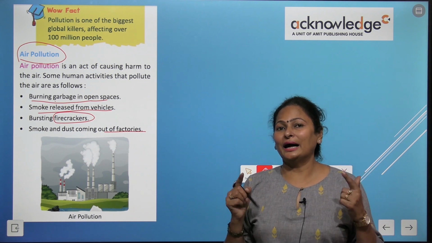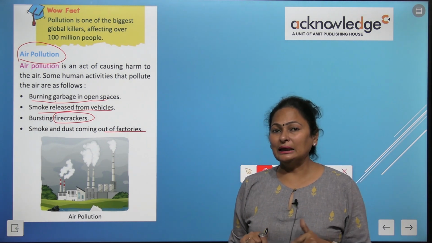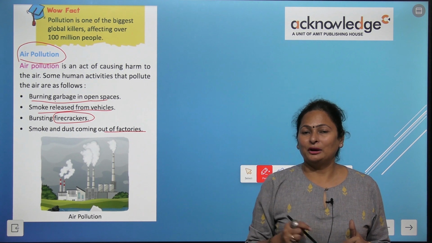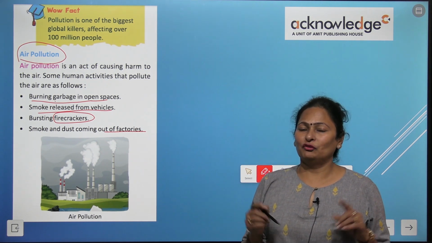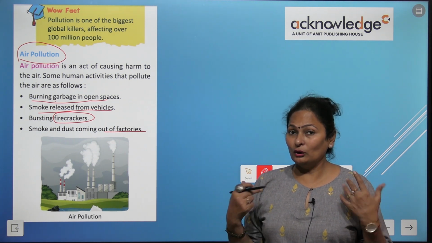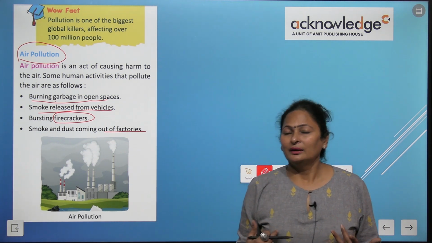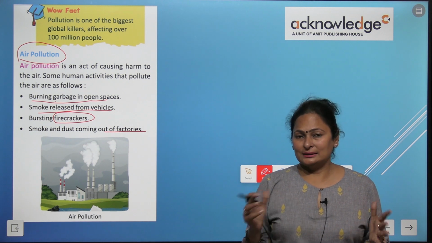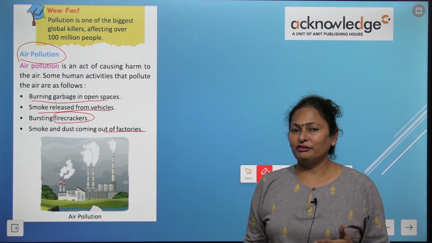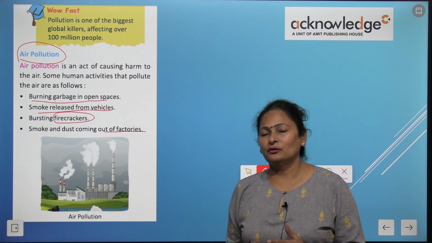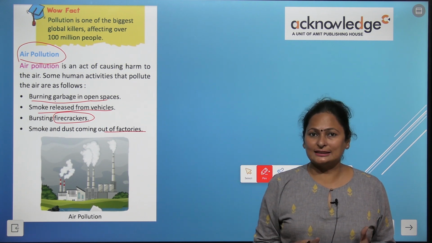So the smoke that emits in these ways pollutes our air, which is very harmful for the environment. We are also part of the environment. Human beings, living beings, all the living and non-living things are part of the environment. So it is harmful for all of us.